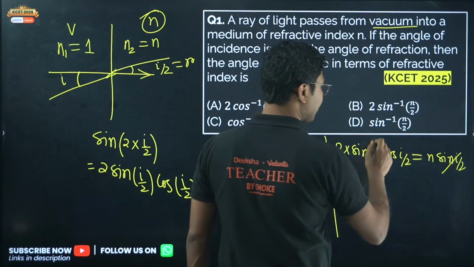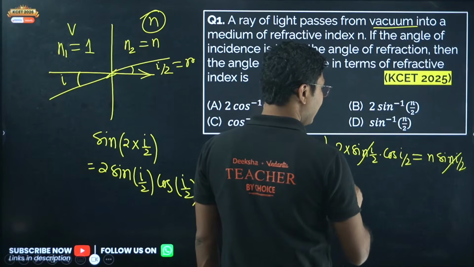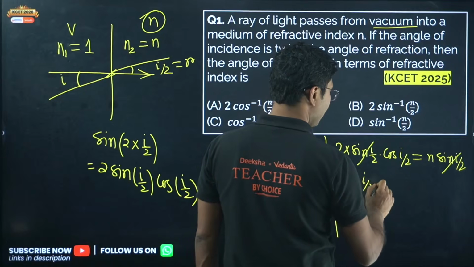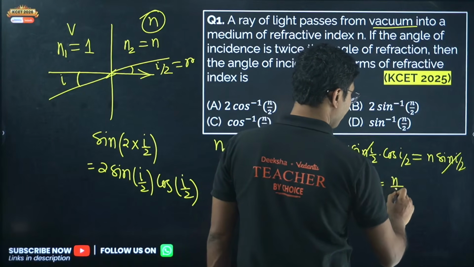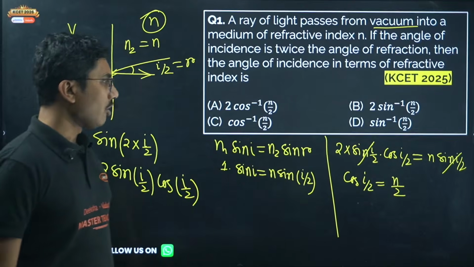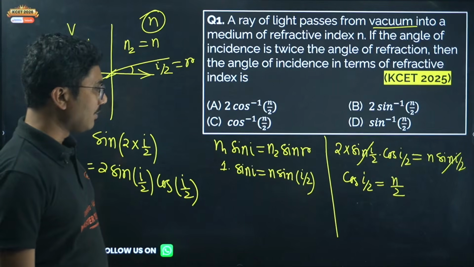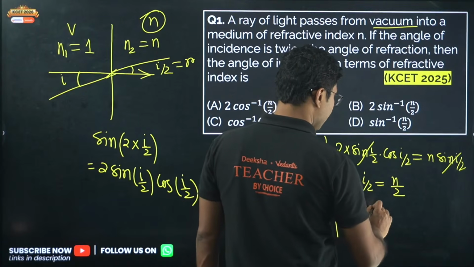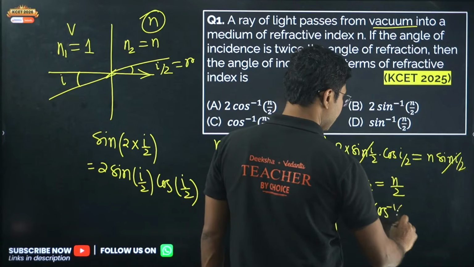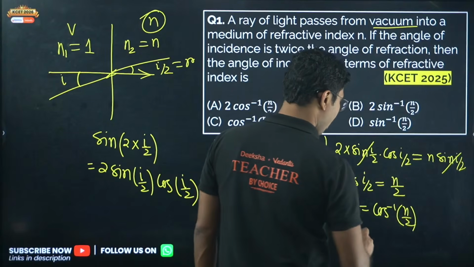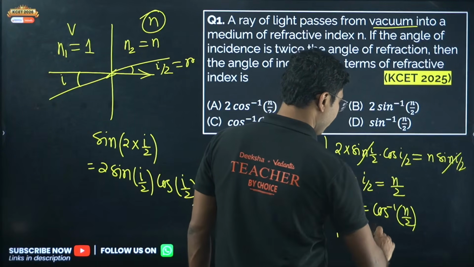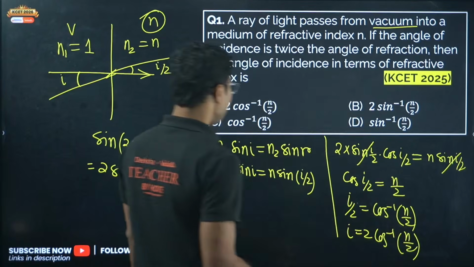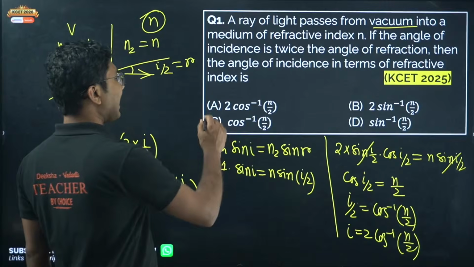So sine I by 2 cancels, and we get cos I by 2 equals n upon 2, or I by 2 equals cos inverse n upon 2, or I equals 2 into cos inverse n by 2. So it will be 2 cos inverse n by 2.